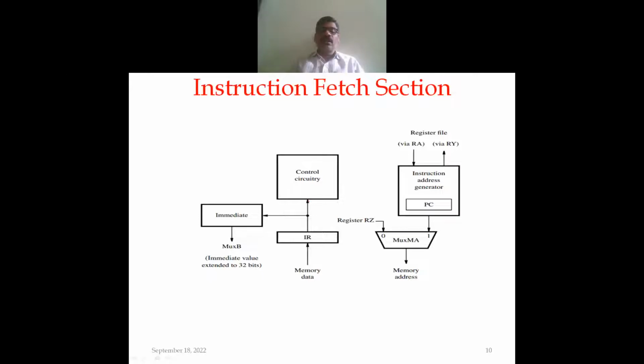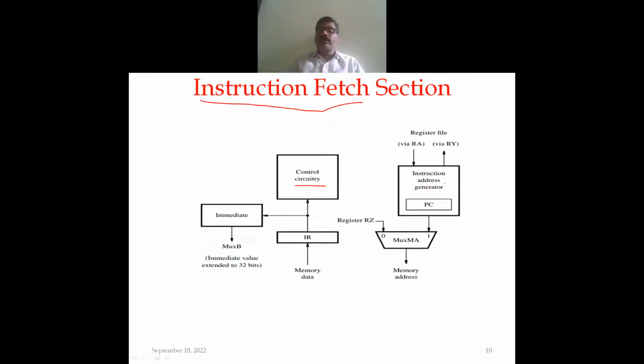So this is the instruction fetch section, how the hardware is implemented in the processor for instruction fetch. There is a control circuit here, and then this is a register file via RA and RY. An instruction address generator will be there.